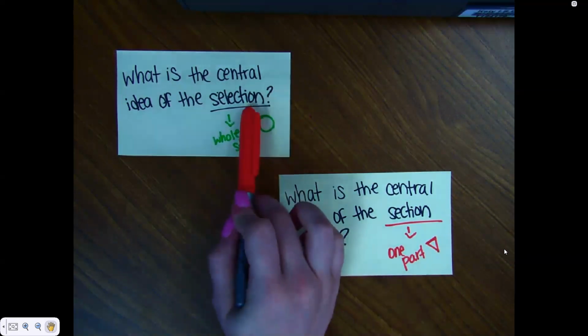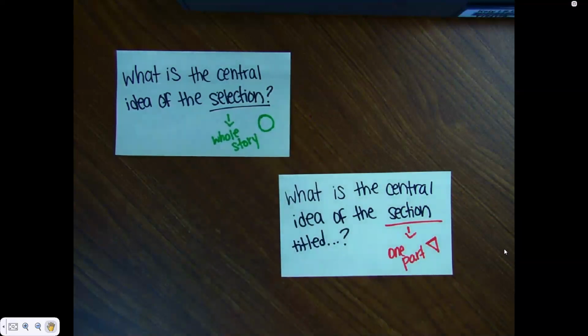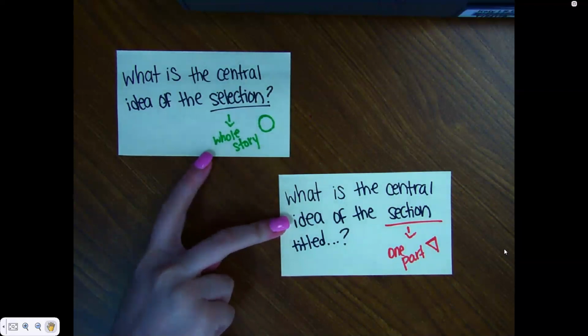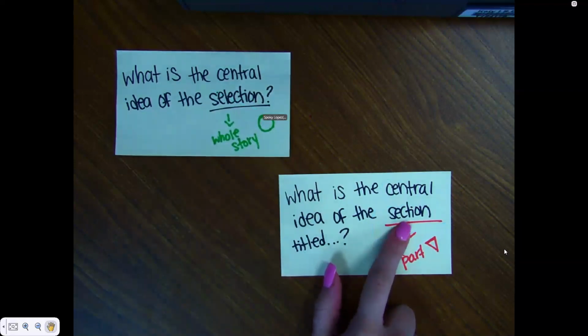I don't want to know the whole story because I'm not asking about selection, I'm asking about section. So it's really important that we understand those two words and the difference between them, because I can guarantee you this will be questions you get asked on a test. If you don't know these words, it's going to make it very difficult when you read.